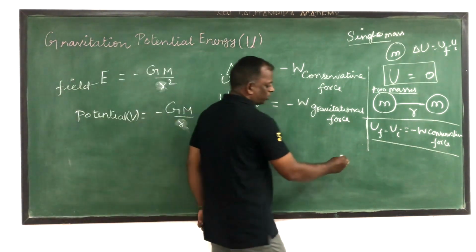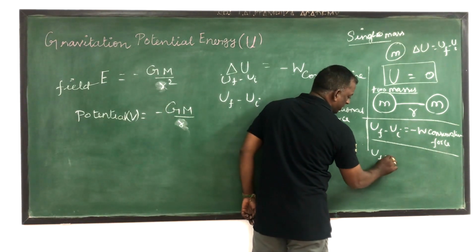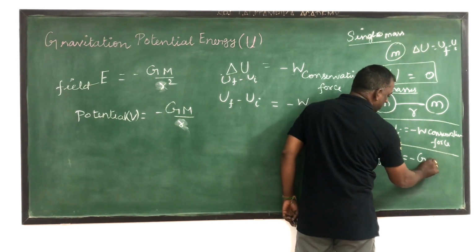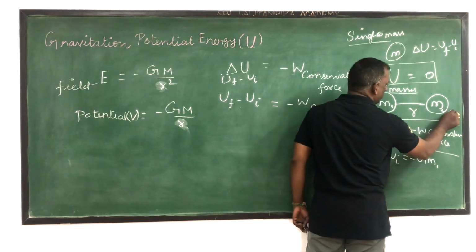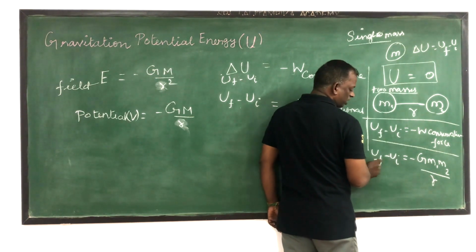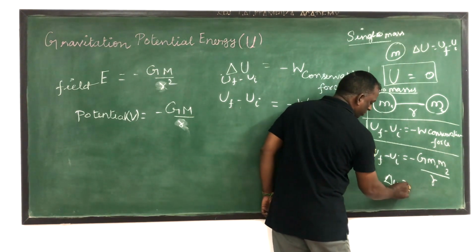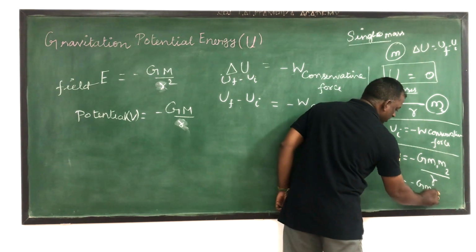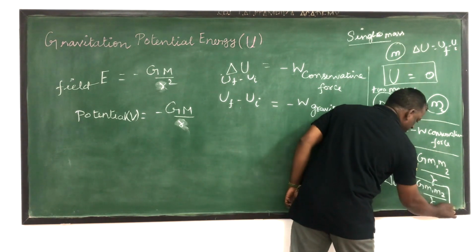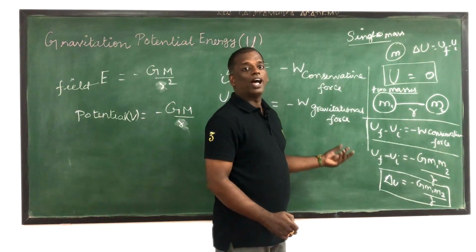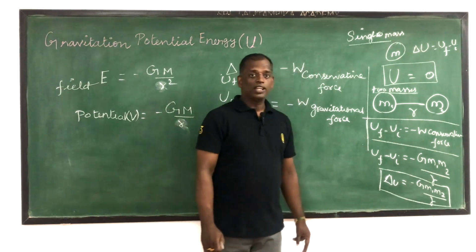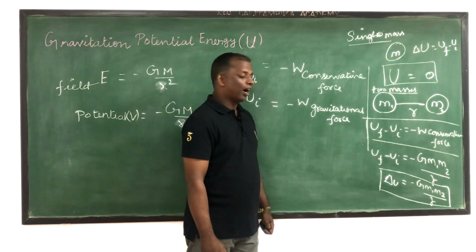So this is equal to UF minus UI, which is equal to minus G M1 M2 by R. So this will be the delta U is equal to minus G M1 M2 by R. So this is the potential energy for ரெண்டு மாஸ்க்கு உள்ள potential energy எவ்வளவு? It is delta U is equal to minus G M1 M2 by R.